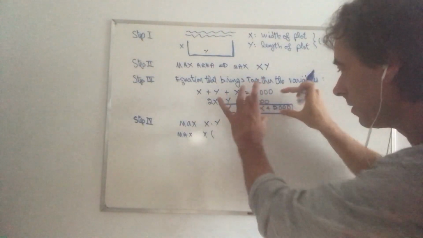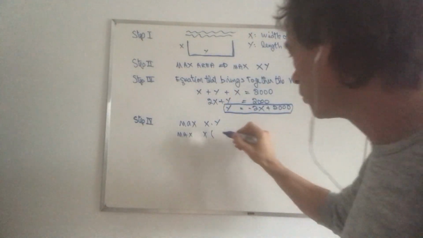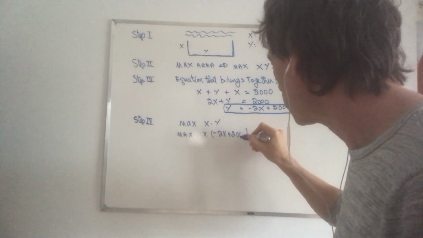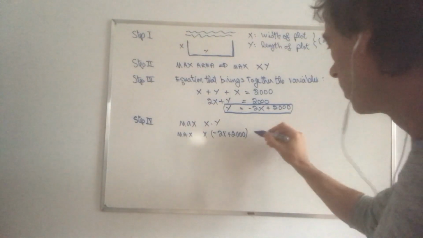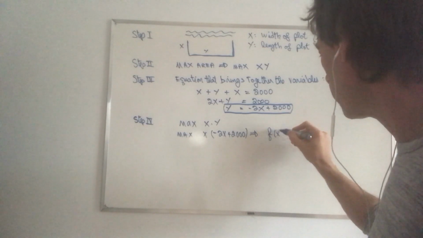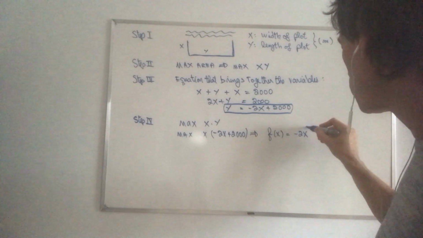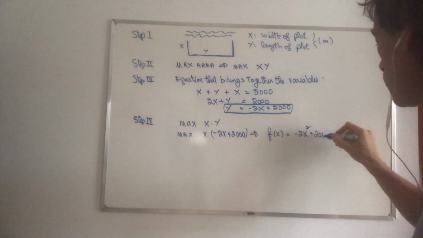Take step 3, put it into step 2. What you're supposed to have at the end of this is a function that has only one variable. So here we go. That gives us an f of x that is equal to minus 2x squared plus 2,000x.